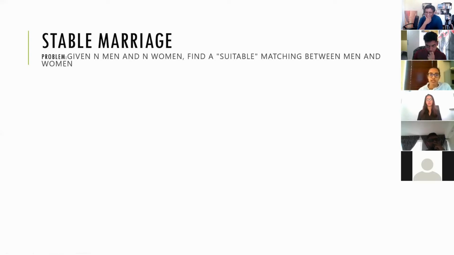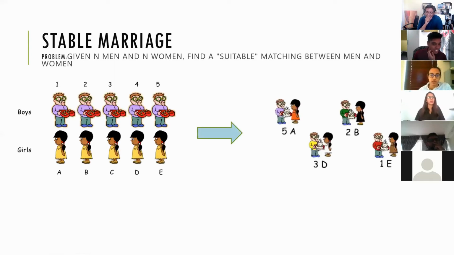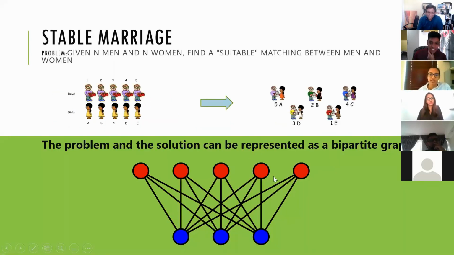We'll go through explaining the men and women problem, and then we can see how it fits into our context. You've got a set number of women and a set number of men, and you're trying to find the suitable matching between these two. This can be represented in a bipartite graph, which shows all the possible matchings that exist, and you're just trying to create a pair between them.